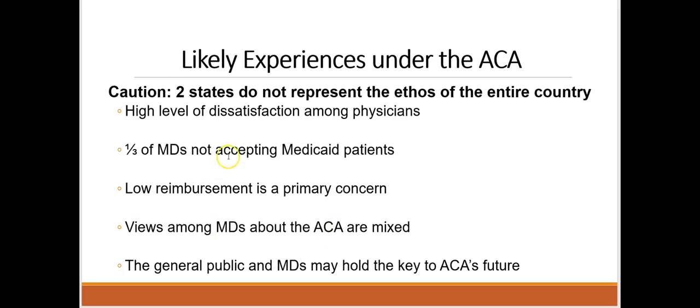So we have this high level of dissatisfaction among physicians. Access to healthcare would likely be an issue in the future. So mirroring the experience in Massachusetts, the Affordable Care Act also has this greater government control over healthcare through stifling regulations, lower reimbursement for providers, higher costs, and higher taxes.